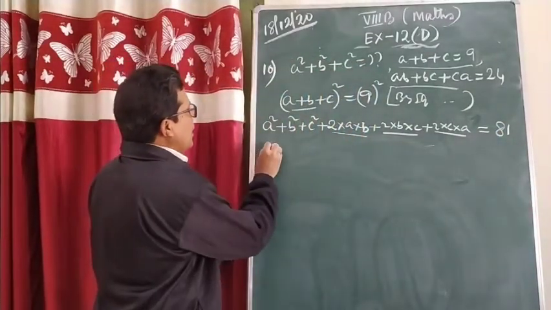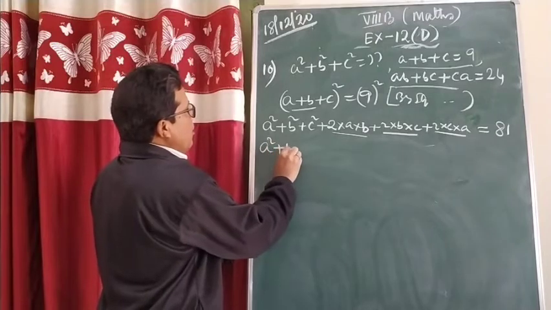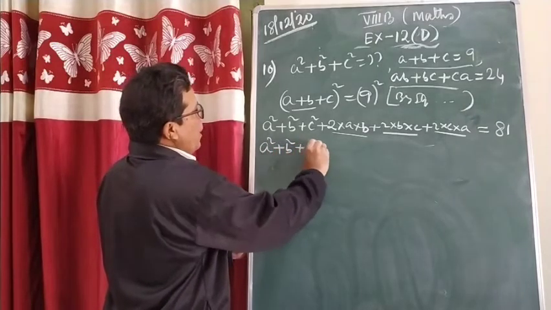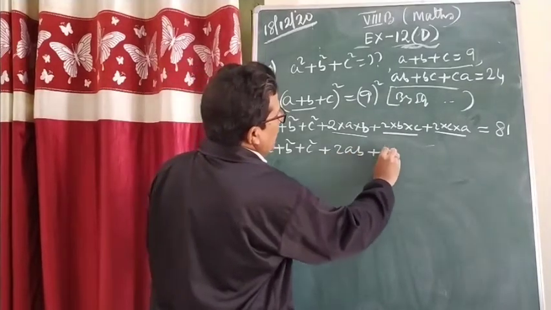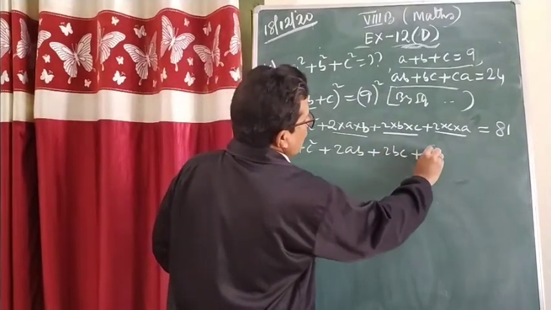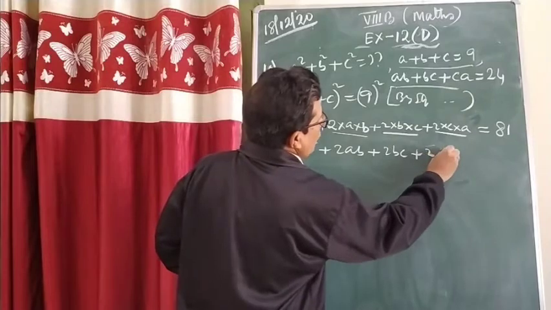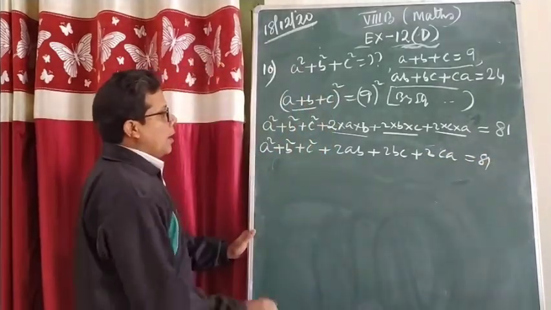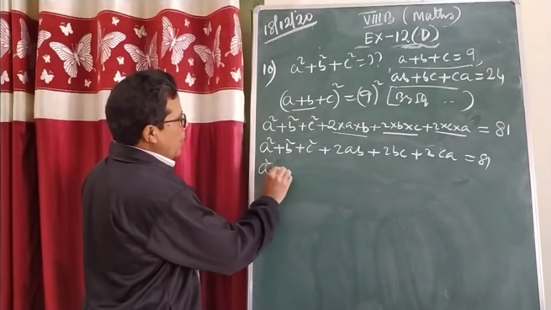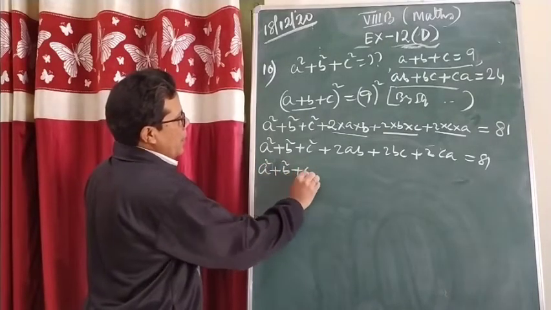Now I'm going to write it here. A square plus b square plus c square. Multiplying these gives 2ab. Multiplying these gives 2bc. Multiplying these gives, beta, 2ca equal to 81. Now once more, a square plus b square plus c square.